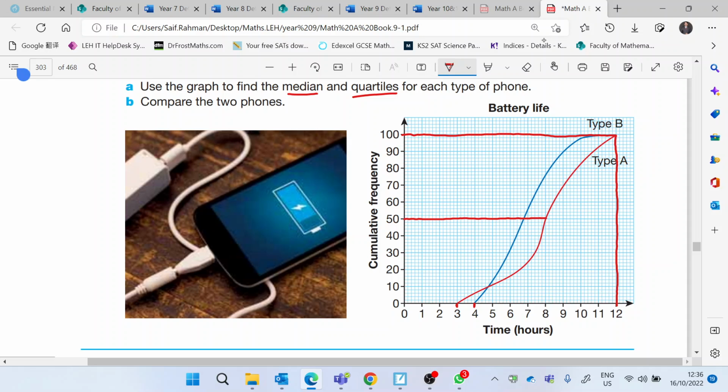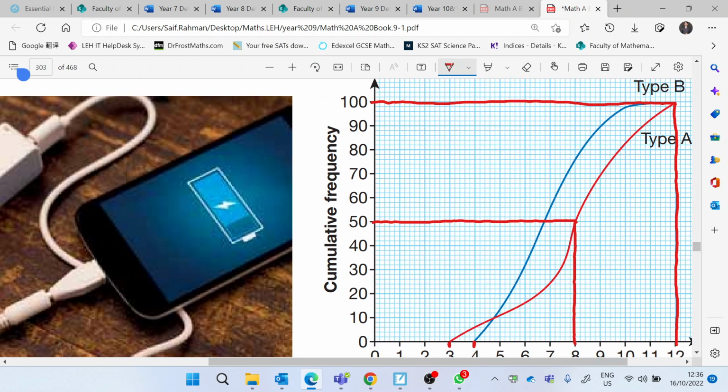The 50% for the red comes here at 8 hours, and 75%, it's not very complicated because it's already given in percentages. So 60, 70, and 75 is the quartile here for the red ones.